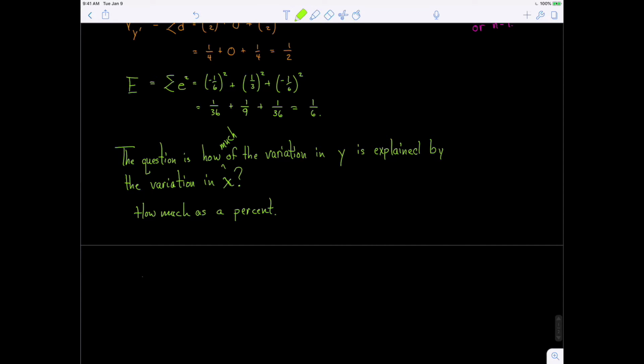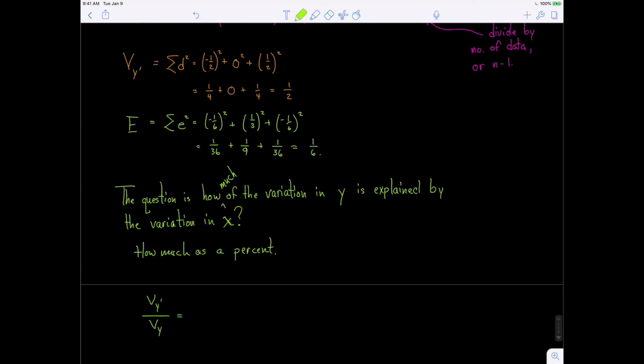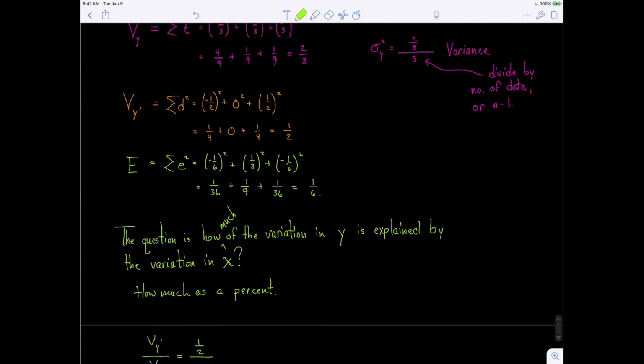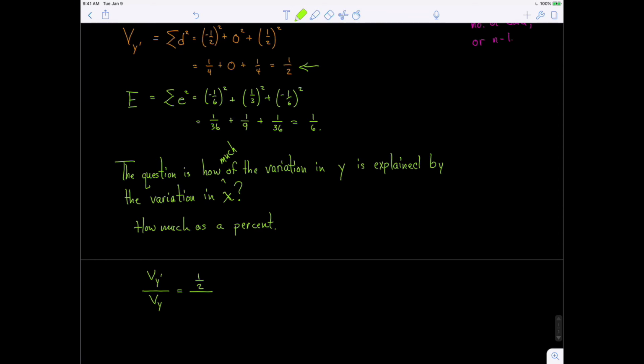And here's what it is. The total variation in y: how much of that is explained? Well, that's the variation of y prime. So let's see what this gives us. The variation of y prime was the orange up above, and that was 1/2. And the total variation of y was our pink up here, that's the 2/3. So we divide 1/2 by 2/3. Division of fractions isn't so bad.